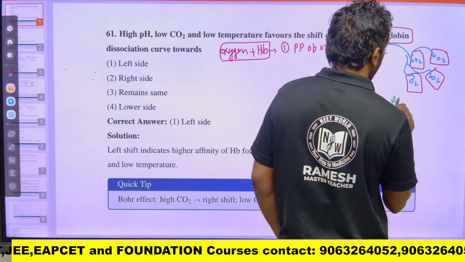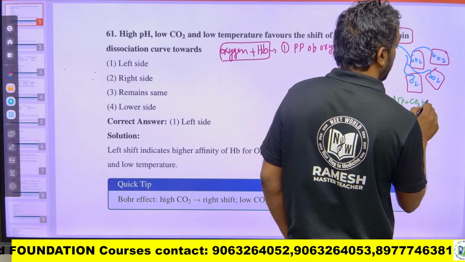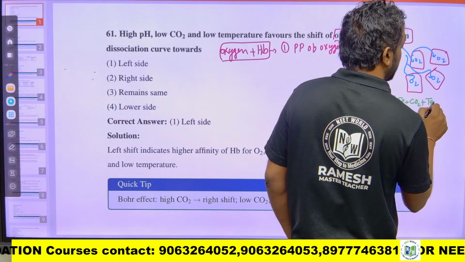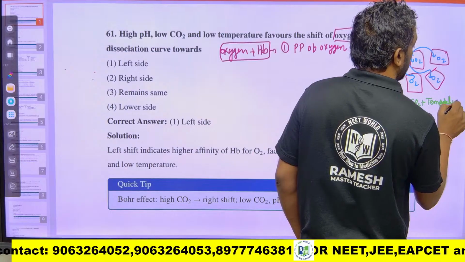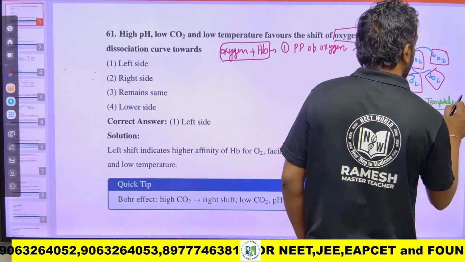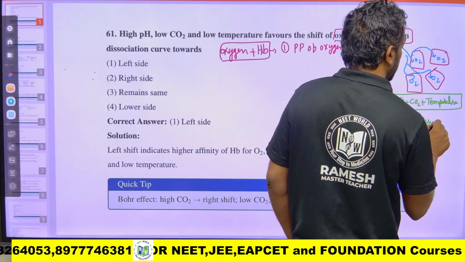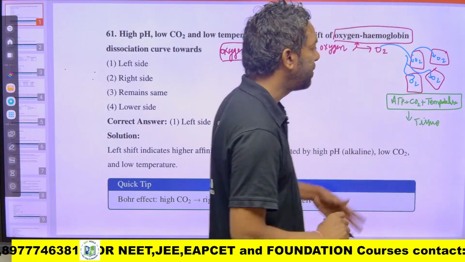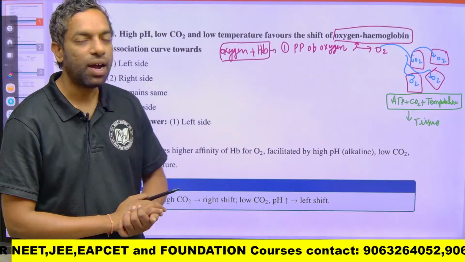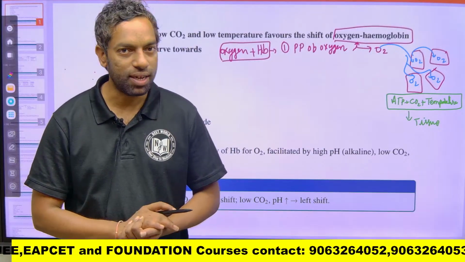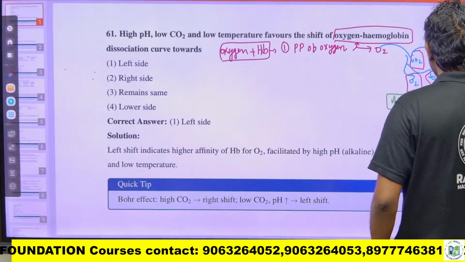Energy as ATP, and CO2, and heat, meaning temperature. In the tissue, ATP, CO2 and temperature will be produced with the utilization of oxygen.